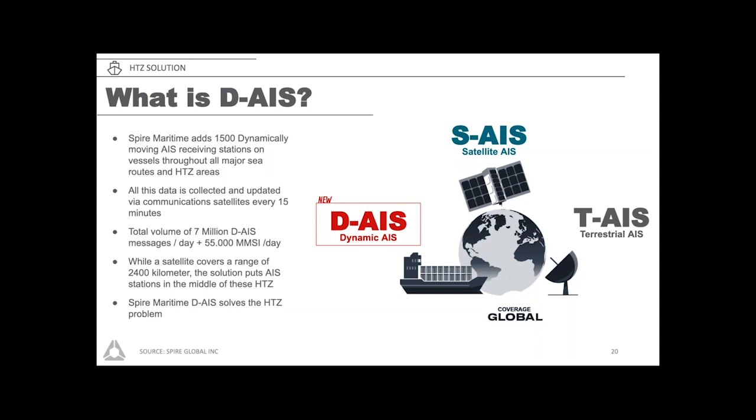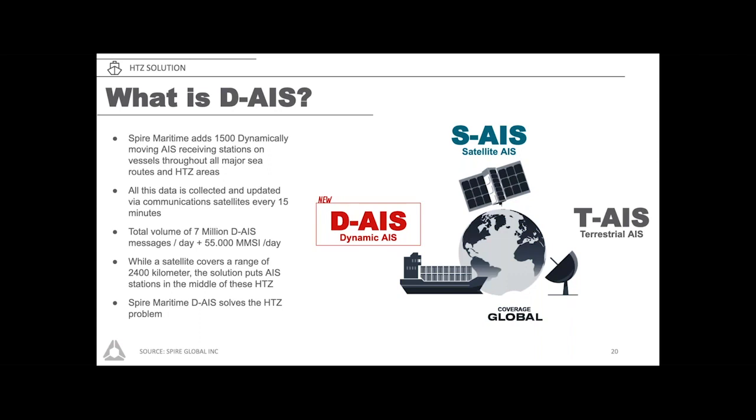ships moving through high traffic zones, 1,500 of them, going to 2,000 soon. And those AIS receivers collect all the AIS messages along their high traffic zones and then broadcast them individually on a different spectrum to satellites that can then bring them back down to Earth and be made available in our API.